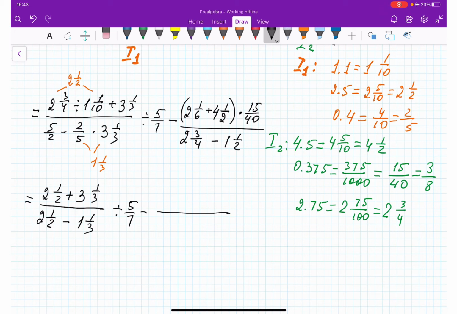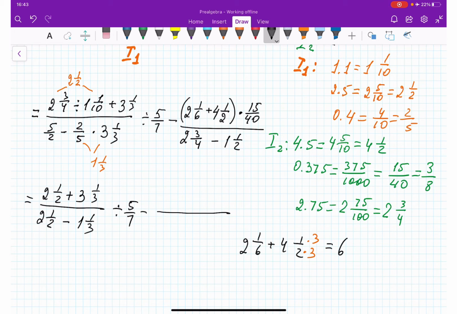So here first I have to do addition because we have parentheses. 2 1/6 plus 4 1/2. So the common denominator for 6 and 2 is going to be 6, which means this one, 2, I have to multiply by 3 to get 6.